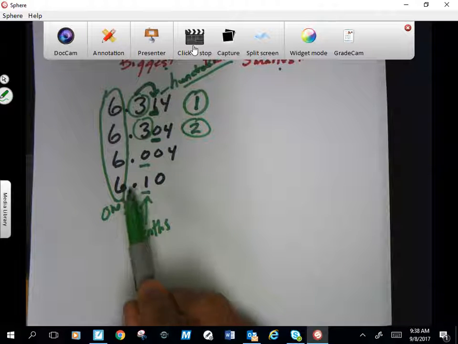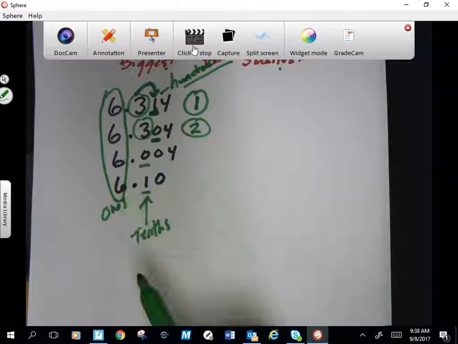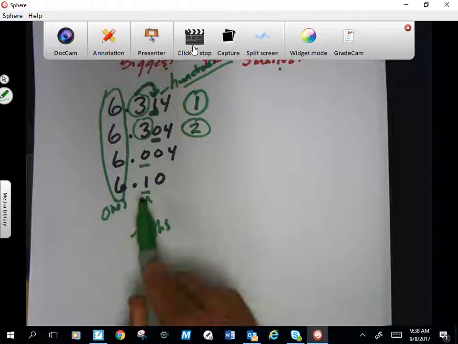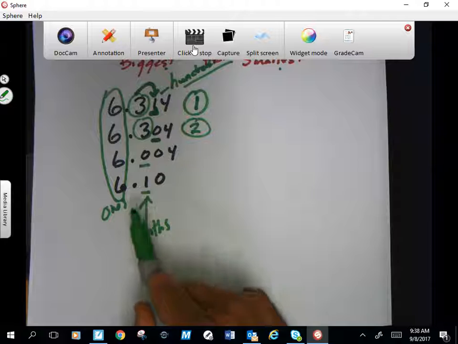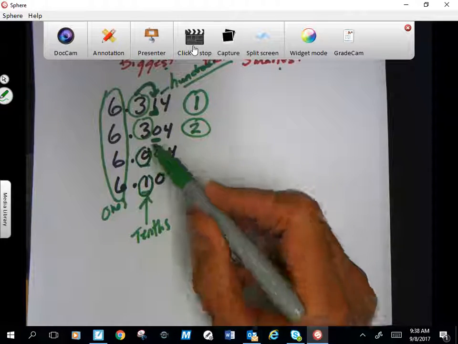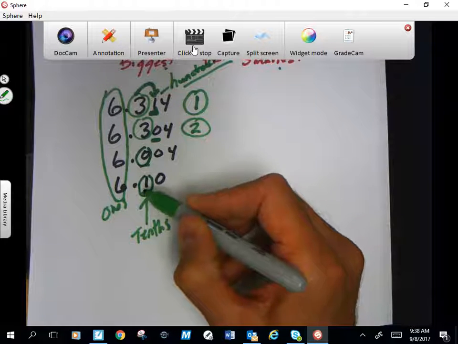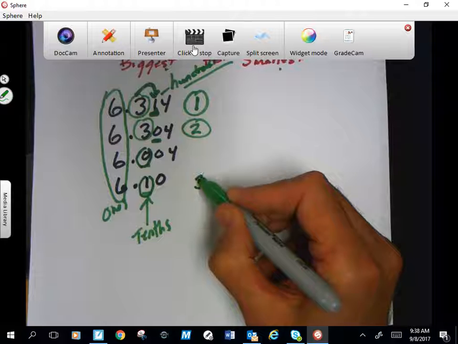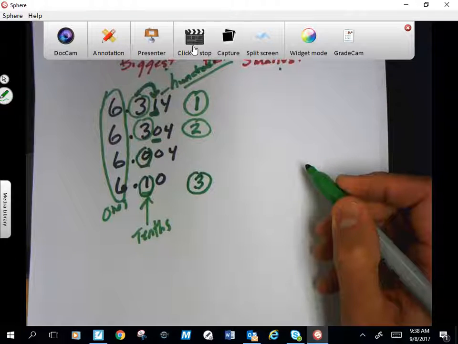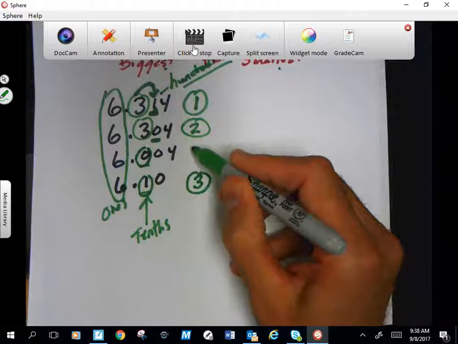What's going to be the next largest number in the tenths position? 6 and 1 tenth. We have a 1, and then we have a 0. So just by looking at the tenths position, we know that this number is the next biggest number, number 3. And therefore, the last one will be number 4.